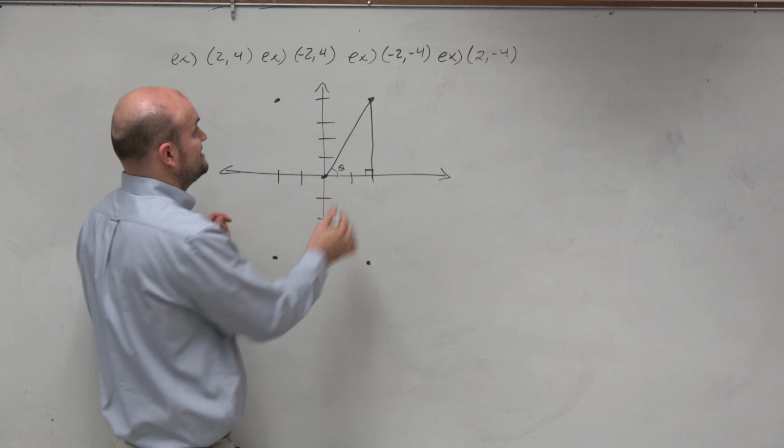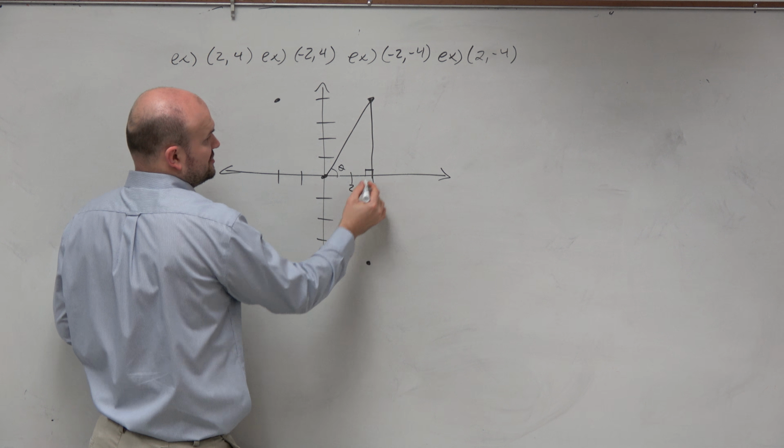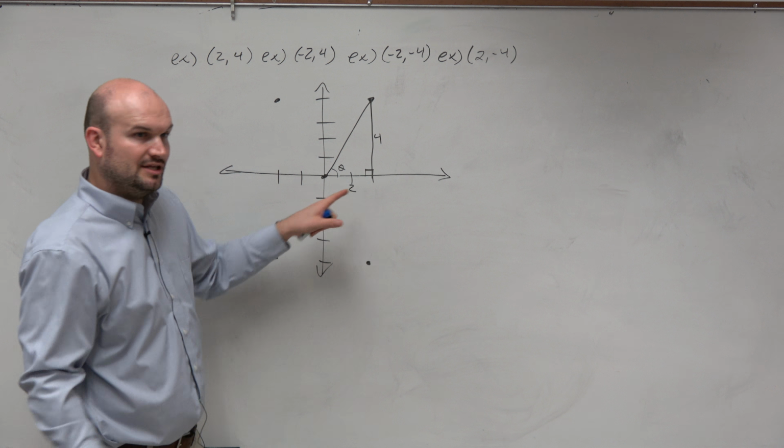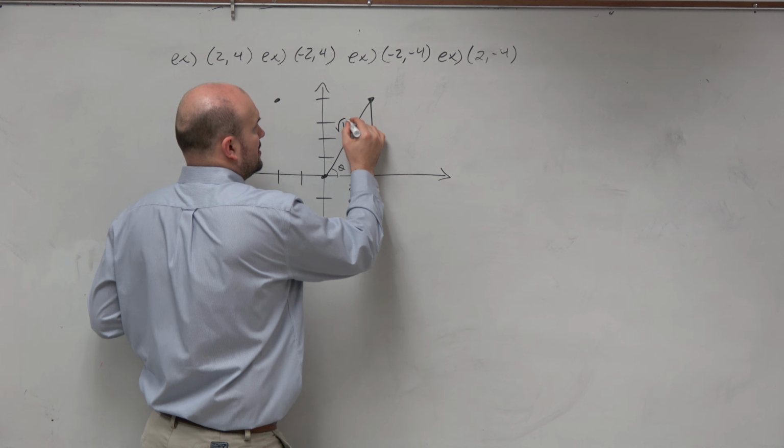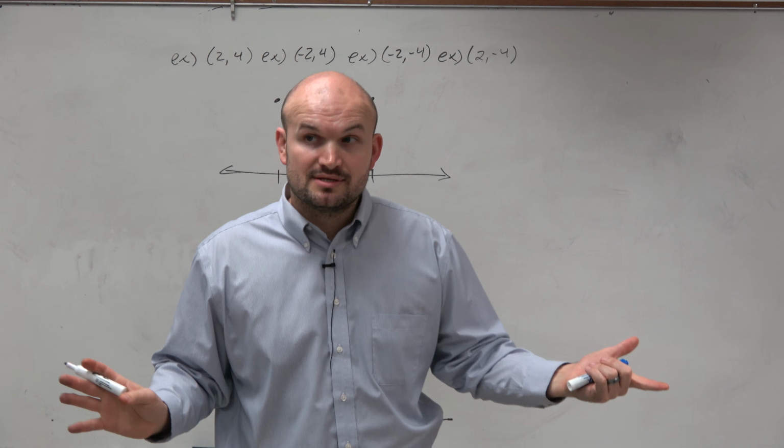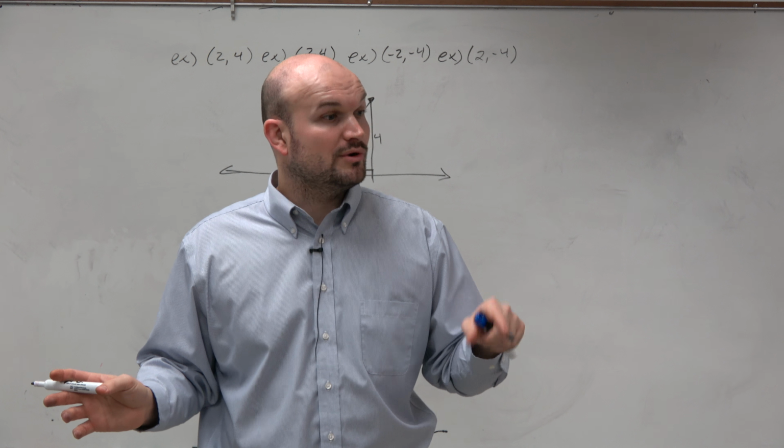Based on this information, if this is 2 and this is 4, I could use the Pythagorean theorem here to give me square root of 18. Oh, wait, square root of 20, sorry.